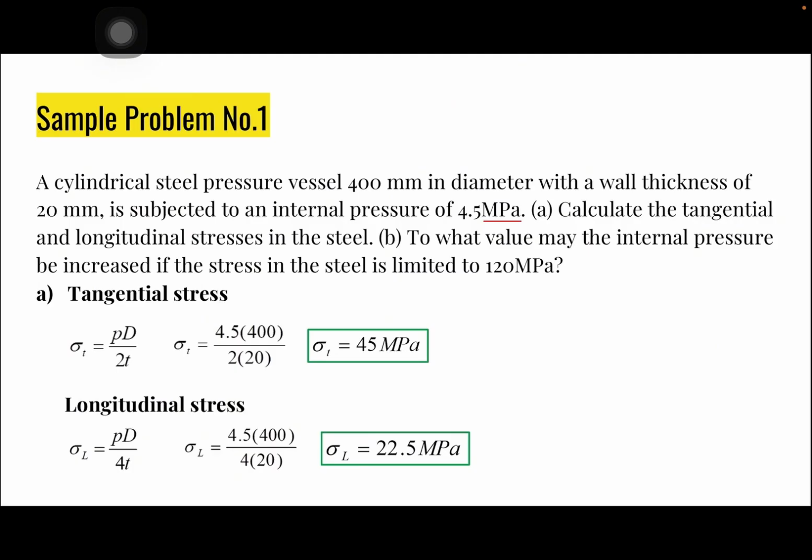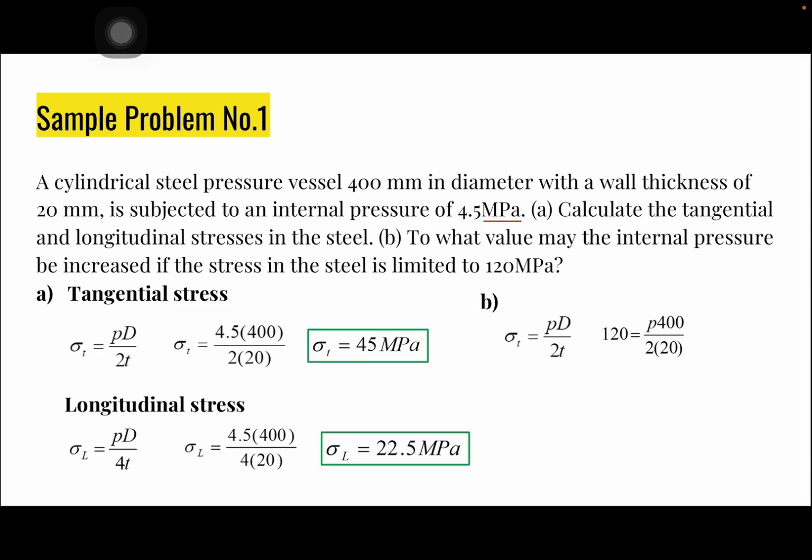We'll get 22.5 MPa. Next, for part B, to get the internal pressure with the increase of stress equal to 120 MPa, we'll only check the tangential stress kasi siya yung critical dun sa dalawa. So, substituting tangential stress equals 120.